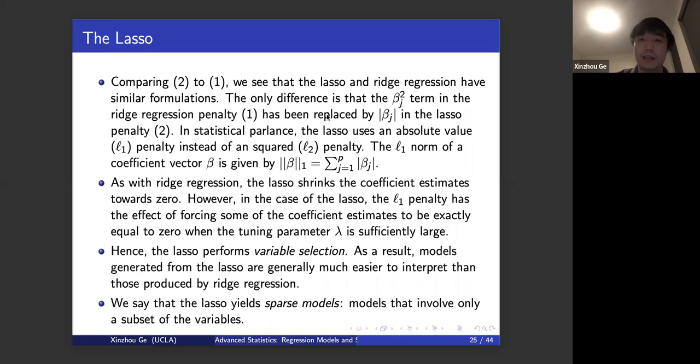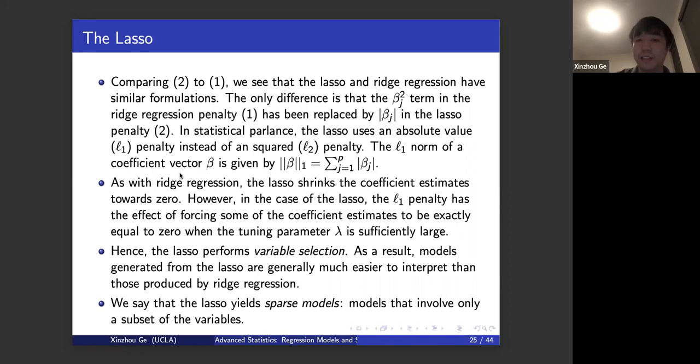In statistical terms, the lasso uses an absolute value, which is also called the L1 penalty, instead of a squared term, which is called the L2 penalty, because the L1 norm of a coefficient vector can lead us to 0 coefficients from the optimization problem.